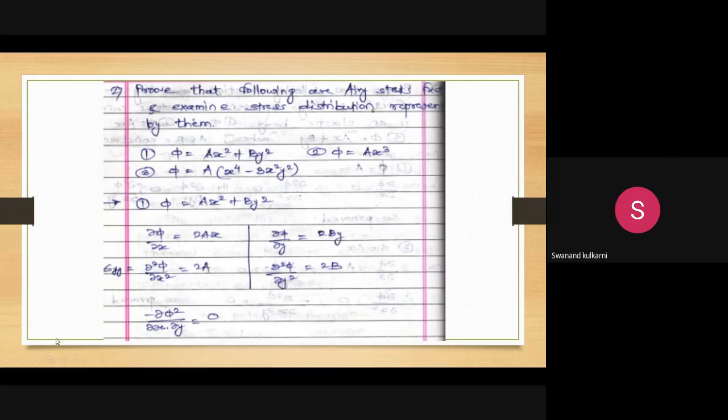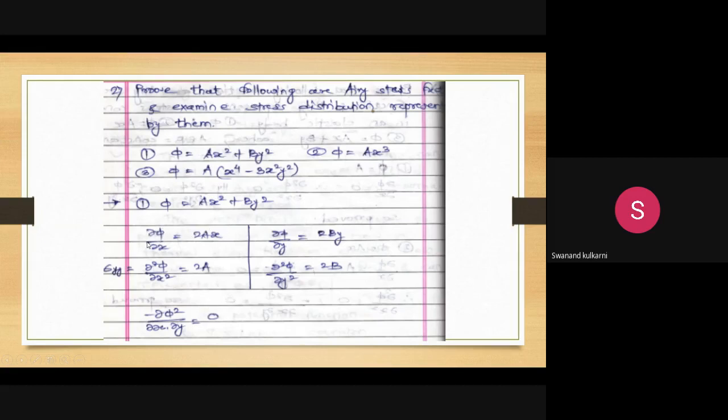Is it okay? So suppose this particular equation dou phi by dou x is equal to 2ax, then differentiating with respect to y, this will become dou 2 phi by dou x dou y, and the right side 2ax will become 0.